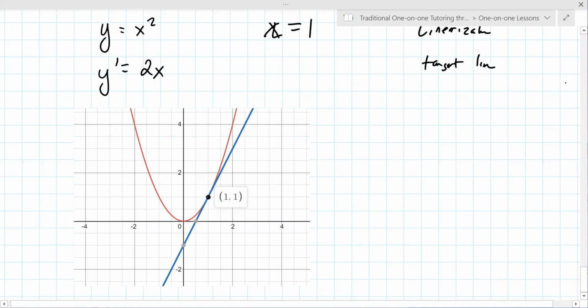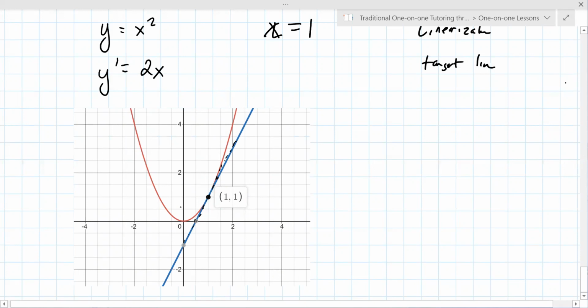And I said we wanted the linearization at 1. You're finding this line at 1 that goes through this point, and then you could use it to approximate other points along the line if you needed to. Okay, and do you see how it's a pretty good approximation near 1? Yeah. But over here at 0, it's not so good, and at -1, it's terrible.